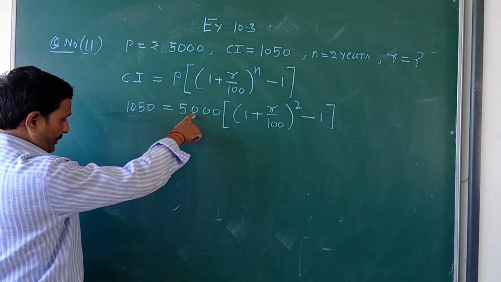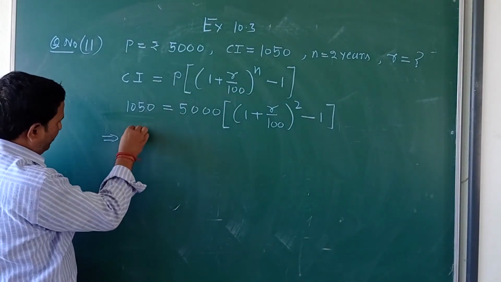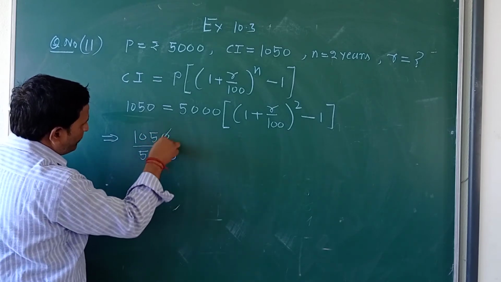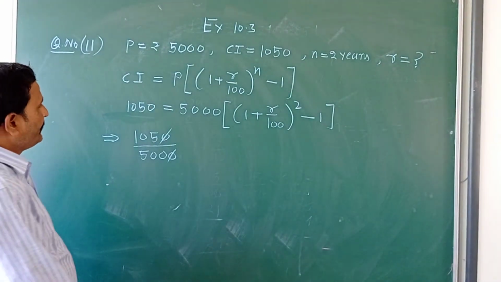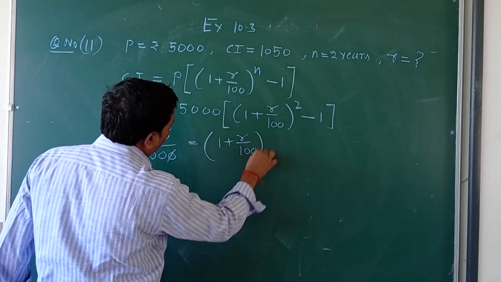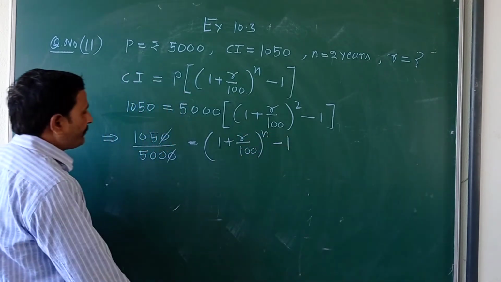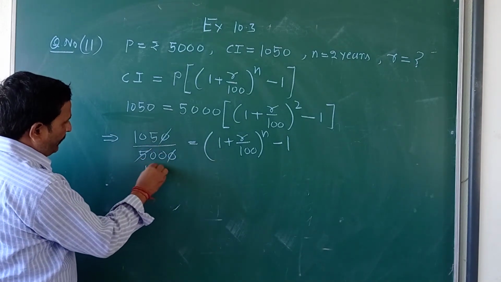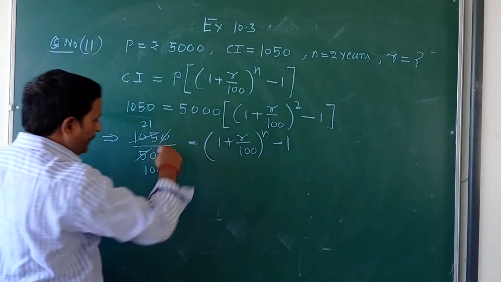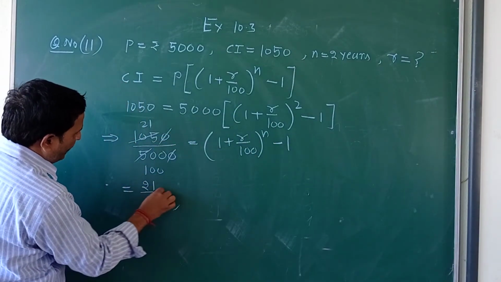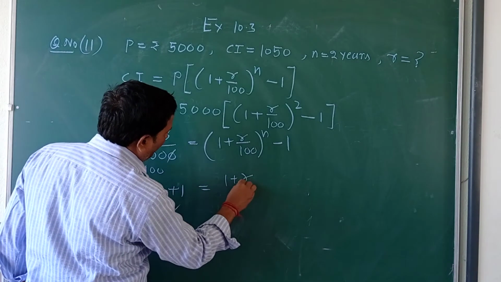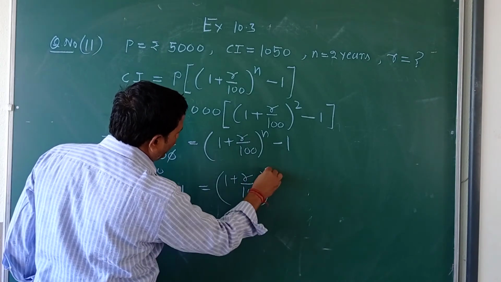Since this is multiplied, on this side it implies 1050 upon 5,000 is equal to 1 plus R upon 100 power n minus 1. 5 1s are 500, so 21 upon 100. Moving the minus 1 across, it becomes 21 upon 100 plus 1, which is equal to 1 plus R upon 100 power n.